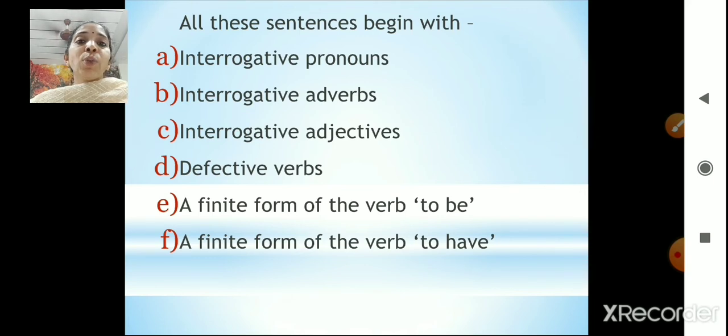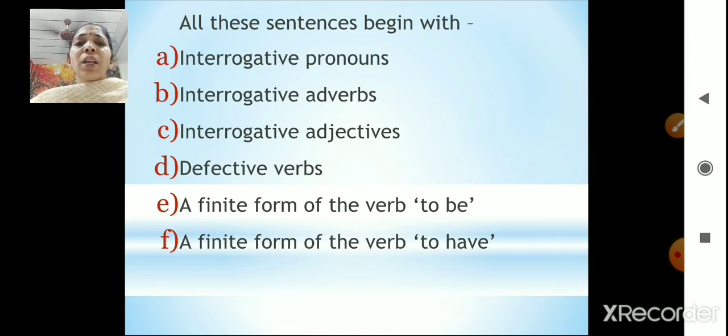All these questions will help you to frame questions for place, time or manner. Now the next one, interrogative adjectives. An interrogative adjective describes a noun that is used in a question.